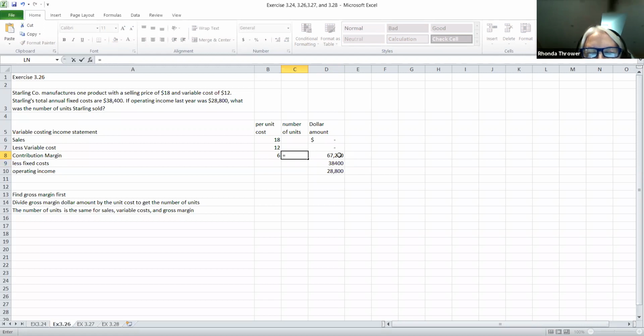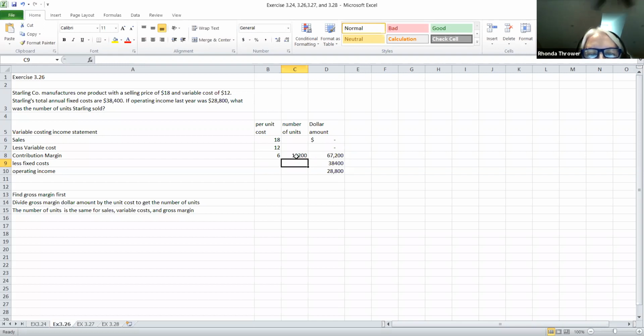I'm going to put in the dollar amount of the contribution margin, and I'm going to divide it by the unit cost of the contribution margin, and that will tell me how many units I had to have in order to get this figure.